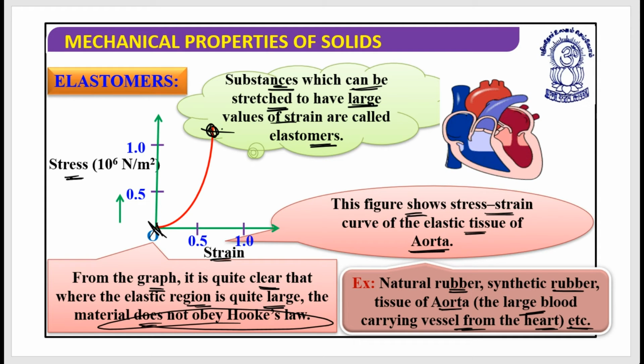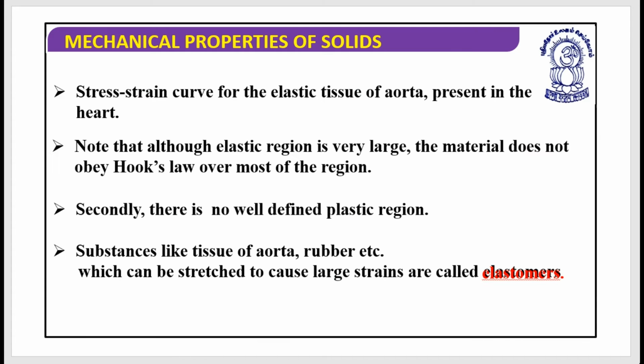All these are elastomers, having a very large value of strain when stretched a little. The stress versus strain curve for the elastic tissue of the aorta present in the heart is an example of the elastomers. Please note that although the elastic region is very large, the material is not obeying Hooke's law over most of the region.